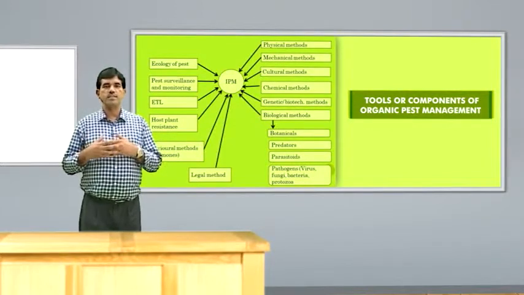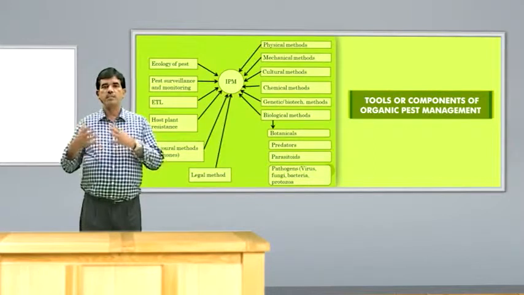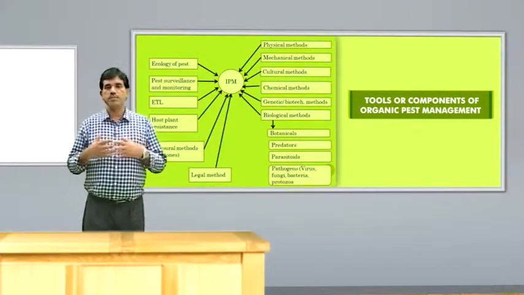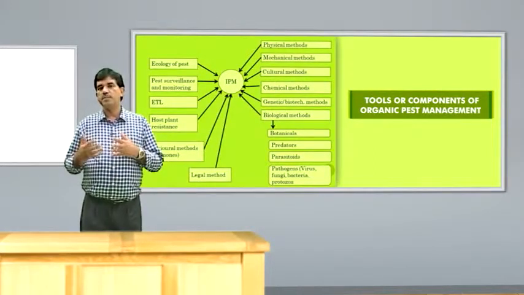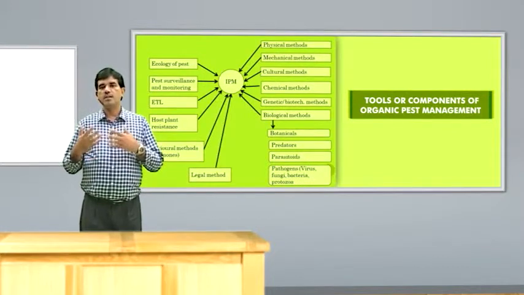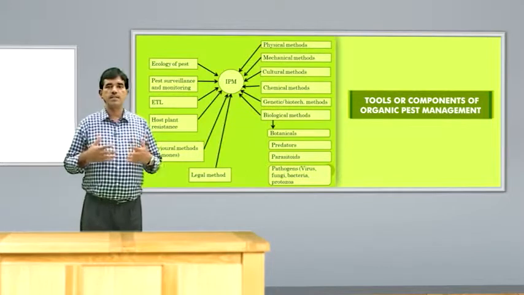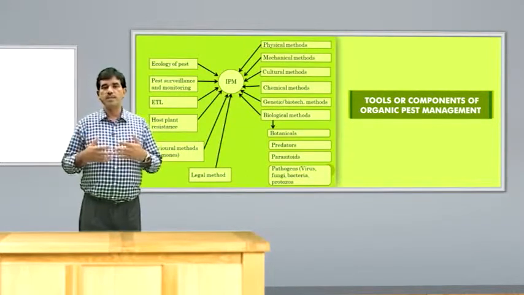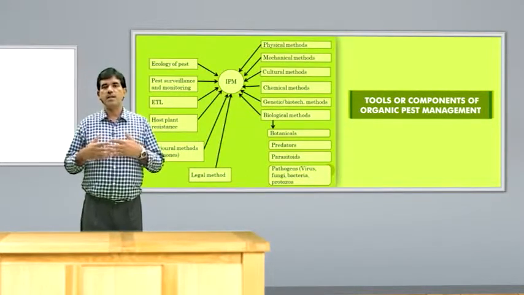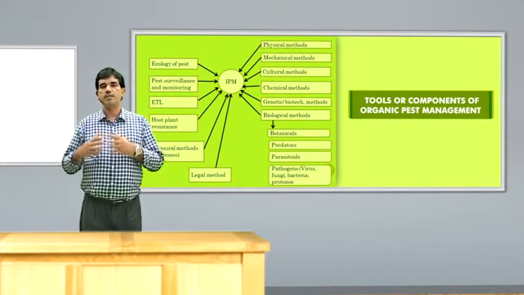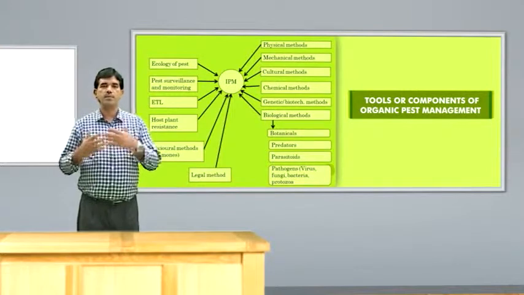And host plant resistance, behavioral methods like use of sex pheromones, legal methods, physical methods, mechanical methods, cultural, chemical or genetic methods, and of course biological methods like use of botanicals, predators, parasitoids and plant pathogens. So these are integrated together, or one or two can be taken in one go.